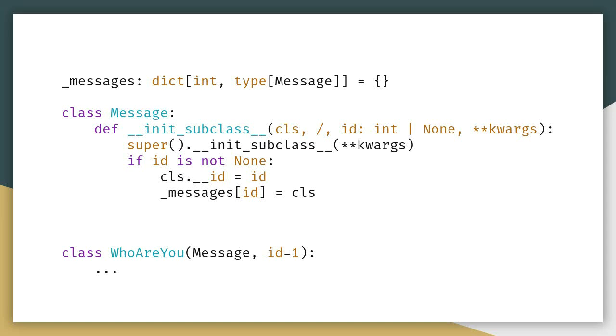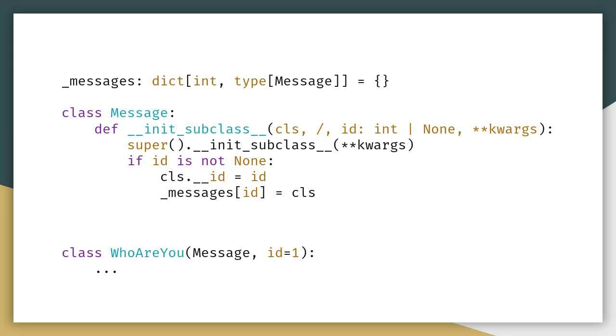And so I did this with a class keyword argument. As you can see at the bottom, you can see usage where you subclass the message, note its numeric identifier, and the parent class, the message class, sees, oh, you defined an ID, I'm going to make note of that in a dictionary, so that when a pile of bytes comes over the wire, it can look at the message ID and say, oh, this is message 42.